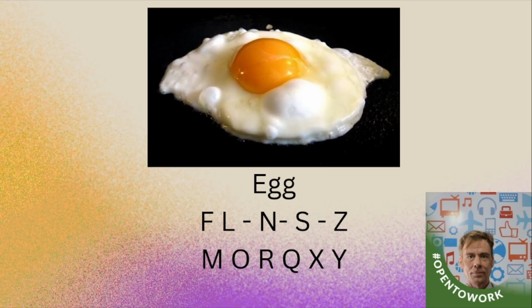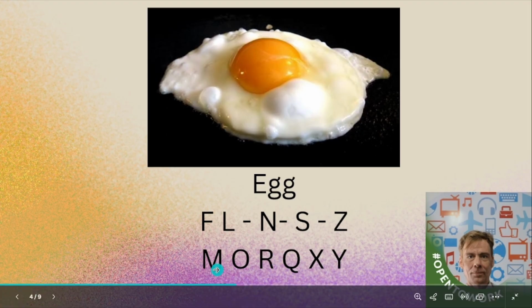So, what are our missing letters here? Let's go through them and see which ones match the egg sound. We have E, M. So yes, this is the egg sound.